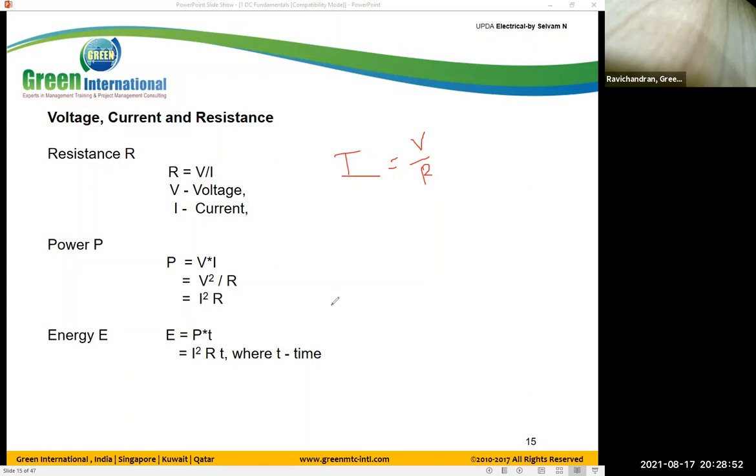And for a DC supply, power P is equal to V into I. From Ohm's law, I we may rewrite as V by R. So that's why for power we have one more formula, V square by R.